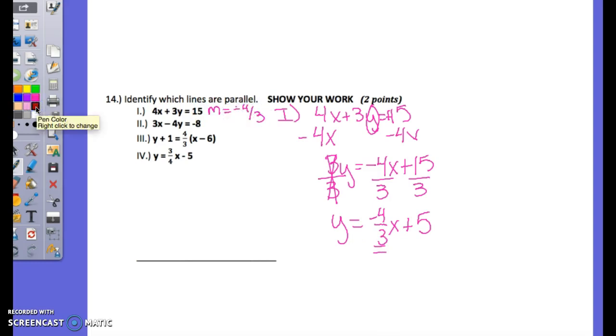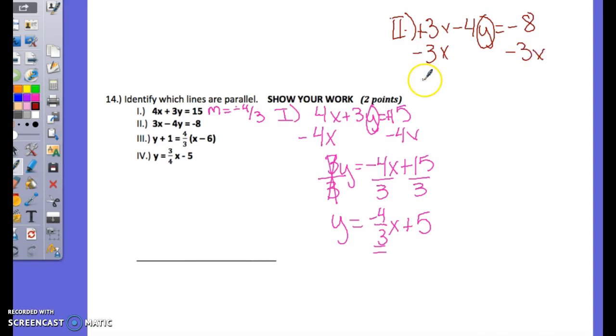For 2, it's 3x minus 4y equals negative 8. Again, save the best for last. This is a positive 3x. So I'm going to subtract 3x from both sides and get negative 4y equals negative 3x minus 8.